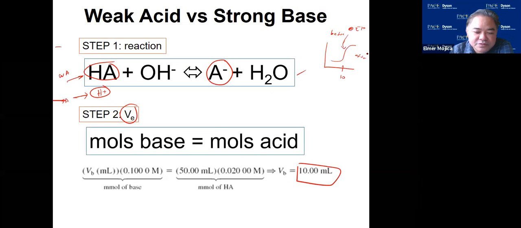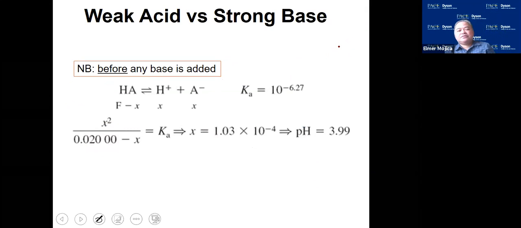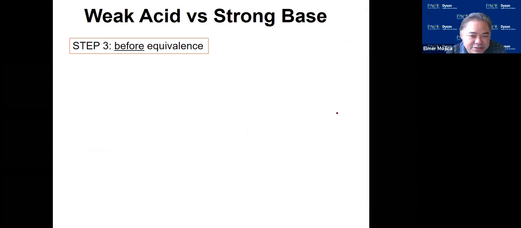Okay. So let's see how the reaction looks in this region before the equivalence point. Before any base is added, that's the one we solved earlier, where we ended up with 3.99. So after we start adding, that's the region before the equivalence point.